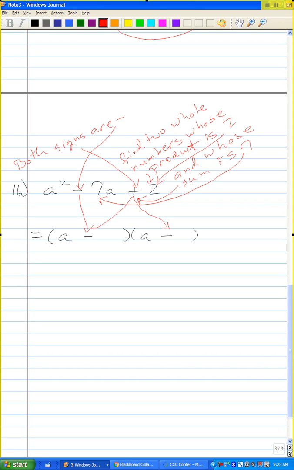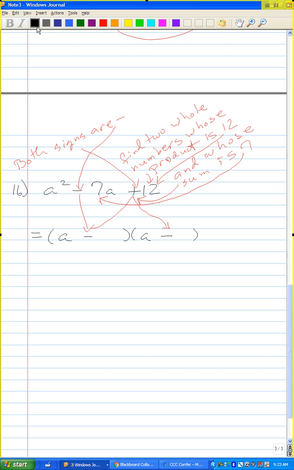Okay? And so, let's do that. I want to find two numbers whose product is 12 and whose sum is 7.